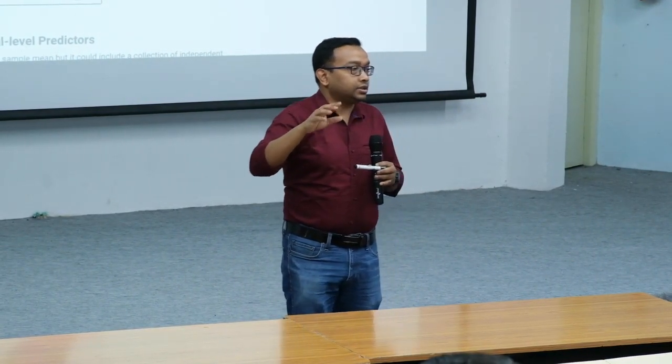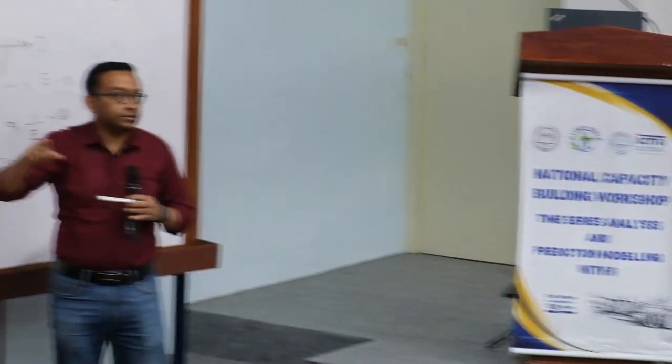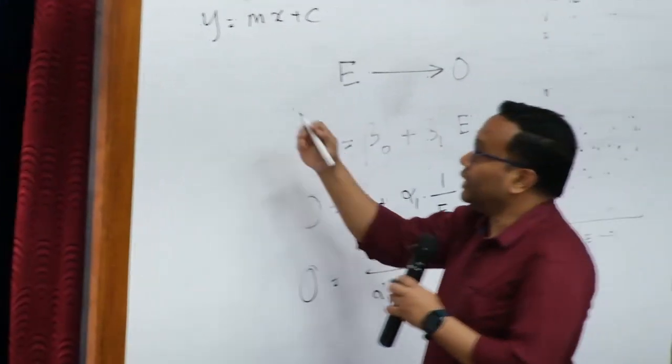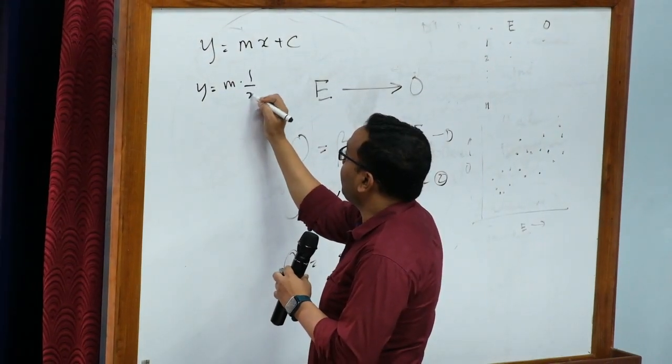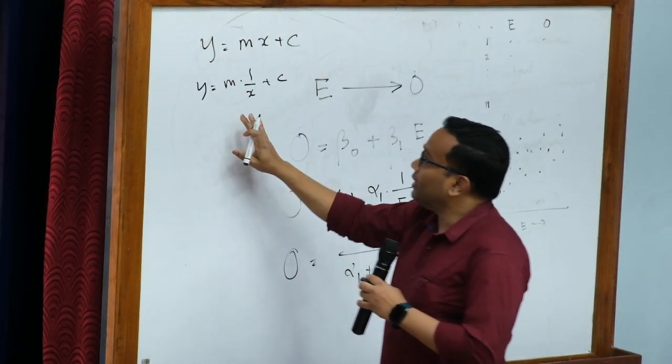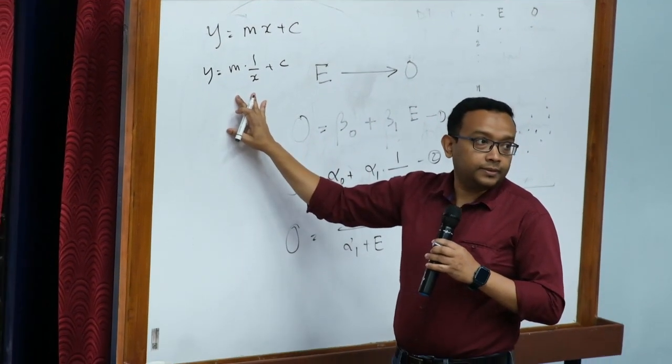This is a little bit confusing because you might think that y and x are linear. Based on this equation, the relationship between y and x is linear, right? Now let's say I have a function like this. Is this linear or not?